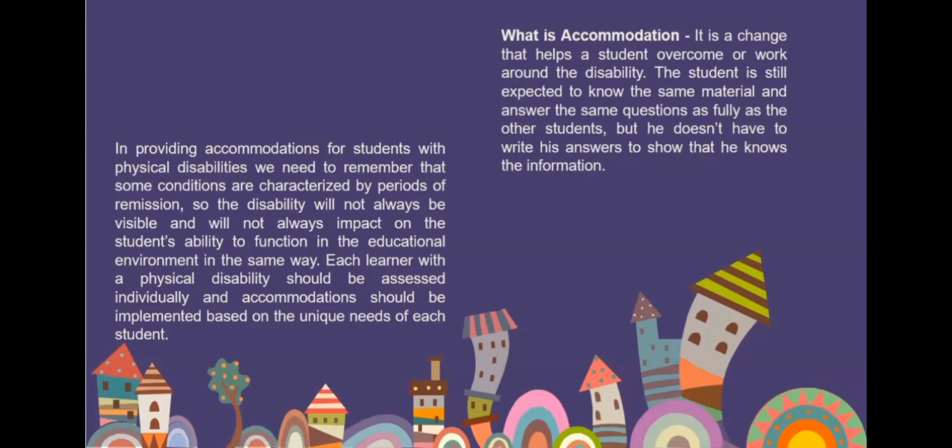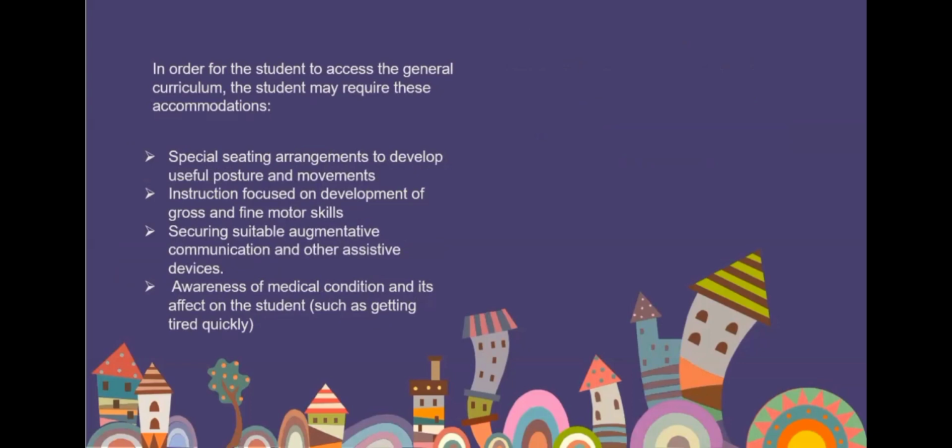So next, in order for the students to access the general curriculum, the students may require these accommodations. So here are the accommodations that we need to implement so that a student can learn in a school environment. First is visual setting arrangement to develop useful posture and movements.